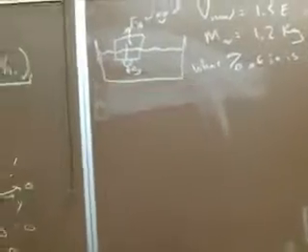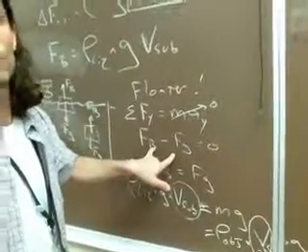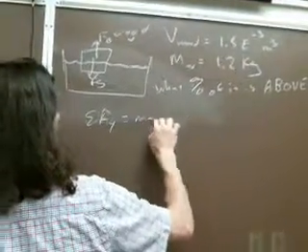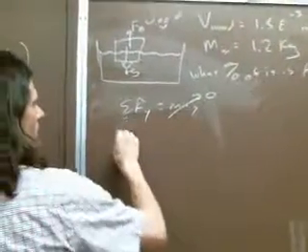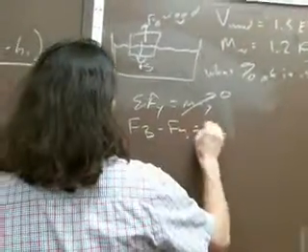All right, first of all, if it's floating, call it a floater. The sum of the forces in the y equals ma, which goes away. The two forces are FB minus FG is nothing.